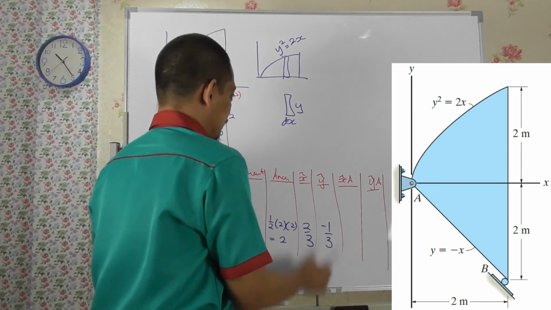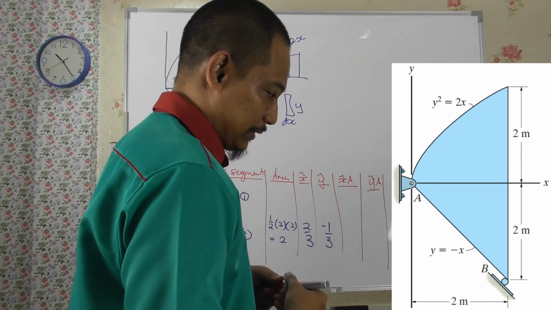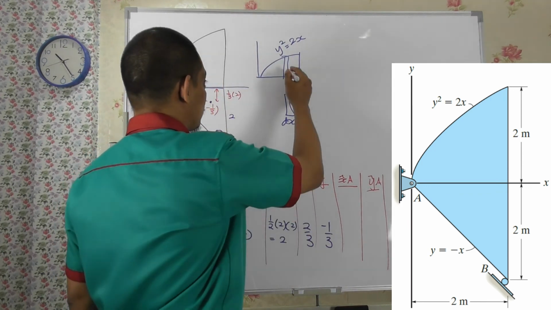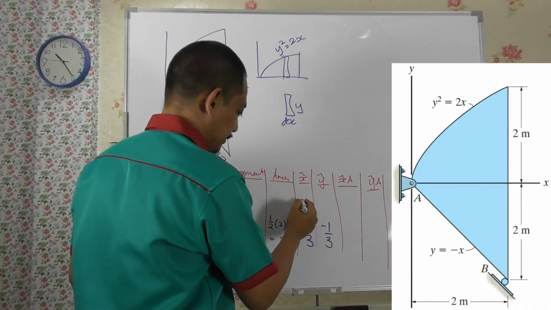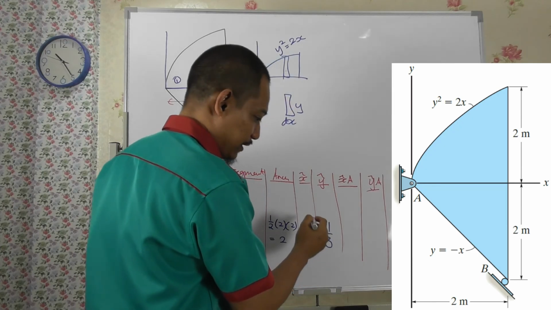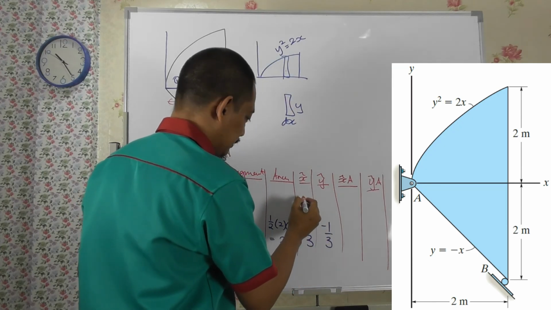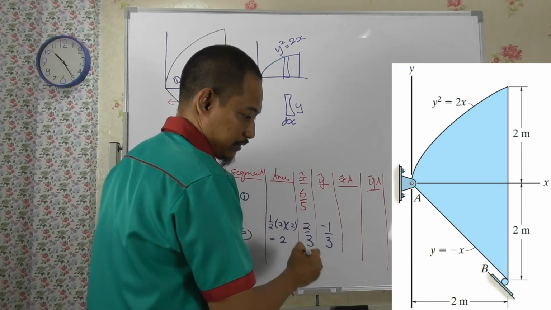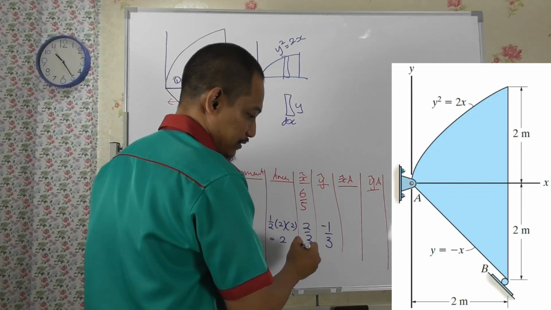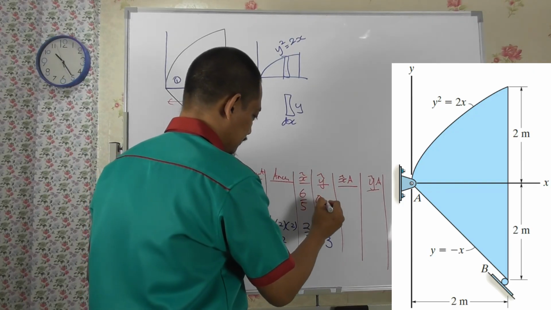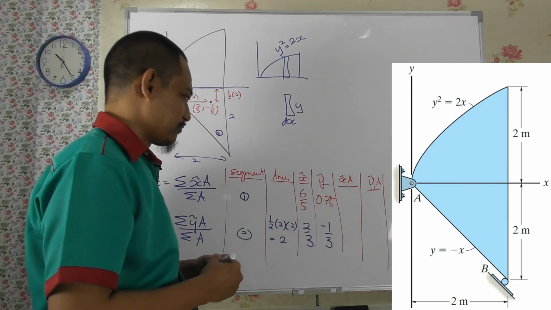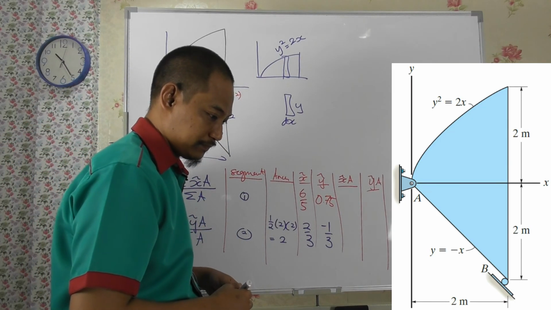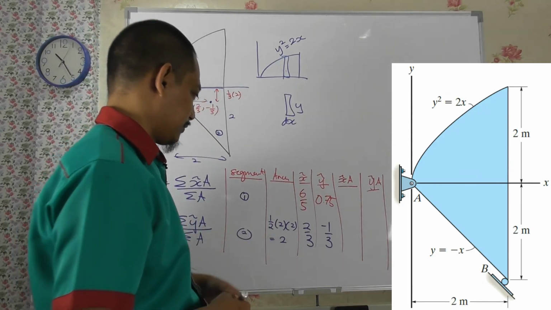So if you do this integration, basically I think you get for x the coordinate here is 6/5, and then here is 0.75. This is 3/4, right? Yeah, this is 3/4.